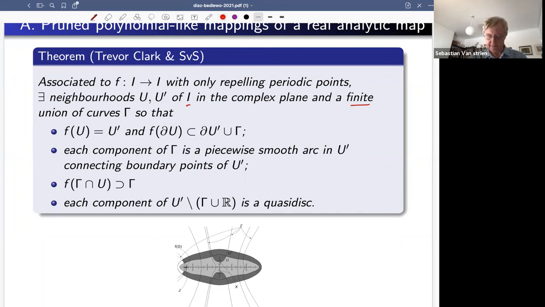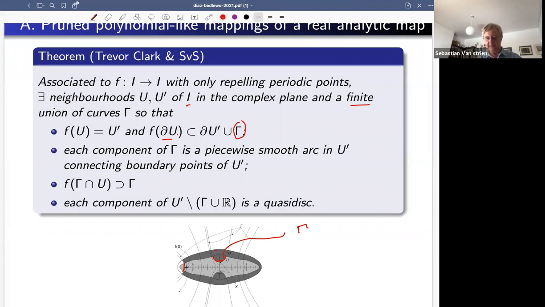And the map sends U to U prime, and the boundary of U to U prime union this finite number of curves. You see here this curve of U, this bit will map to here. And so you see that U prime has no boundary there. That's why I have to have this gamma. So a piece of gamma is sitting there.